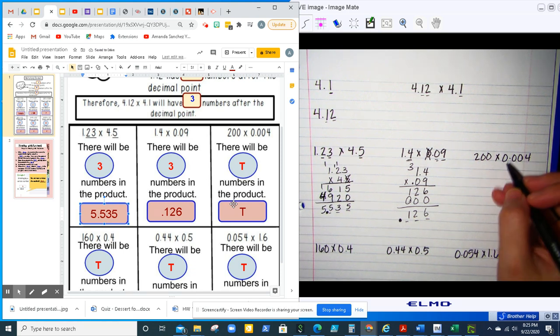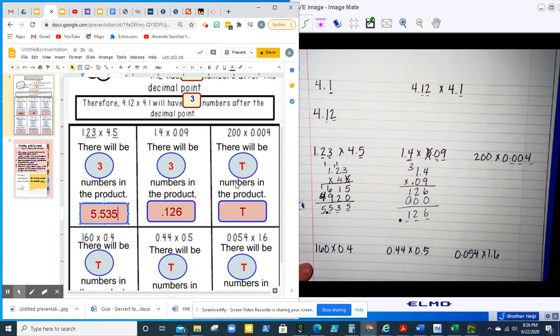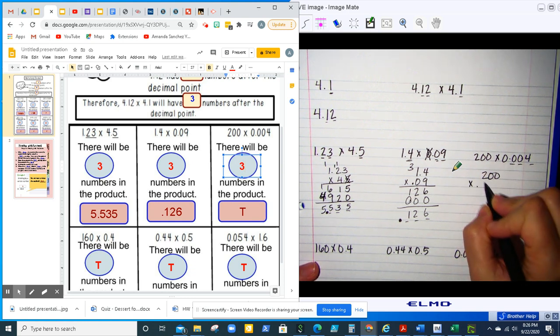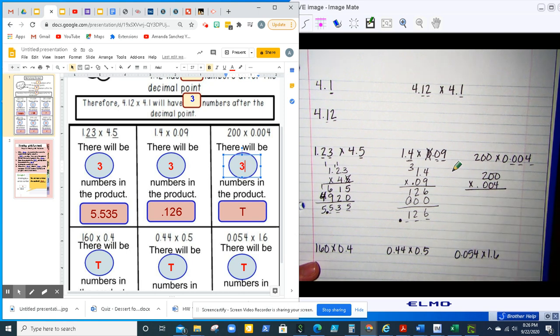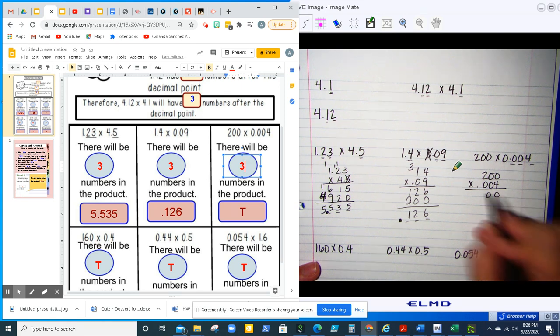Okay, for problem number 3, you have 200 times 0.004, so there should be three numbers because you have three numbers behind the decimal. So I should have three numbers in the product. I'm going to change this to where it says three numbers behind the decimal. Okay, so 200 times 0.004. 4 times 0, 0, 4 times 0, 0. 4 times 2 is 8.